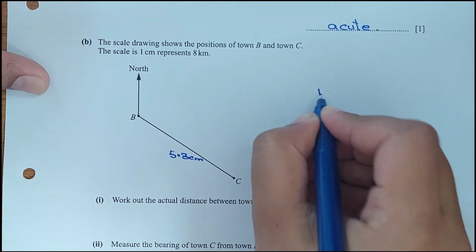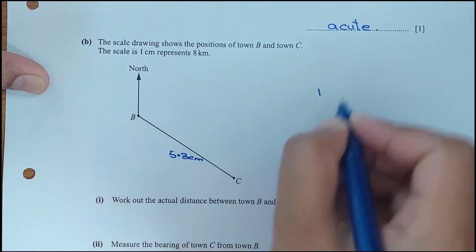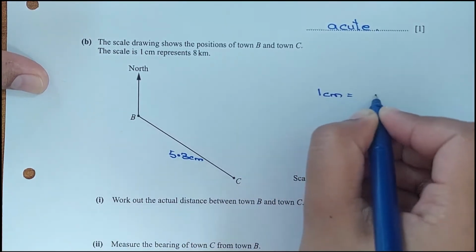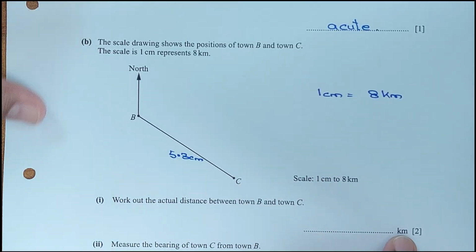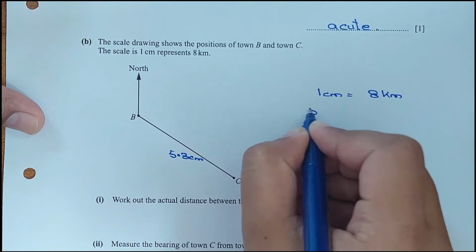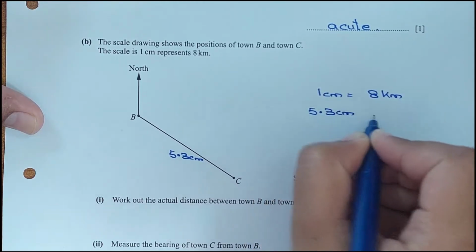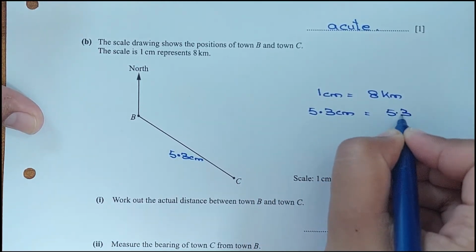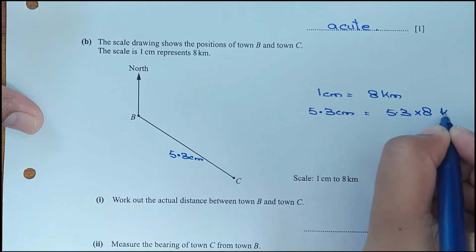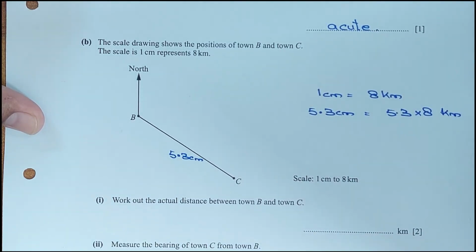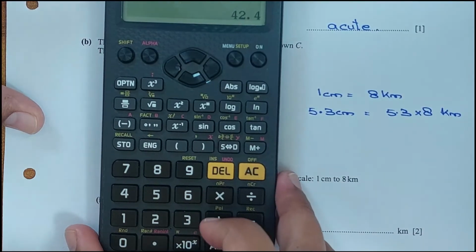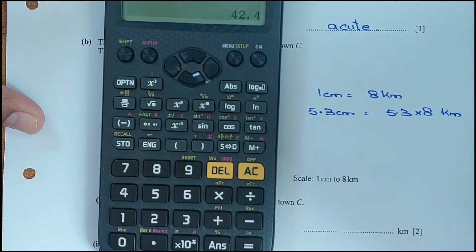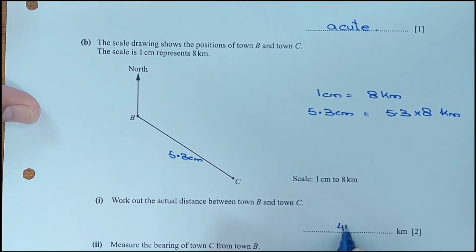We are given that 1 centimeter equals 8 kilometers. We have to convert this answer into kilometers, right? So 5.3 centimeters is 5.3 times 8 kilometers, which is 42.4 kilometers.